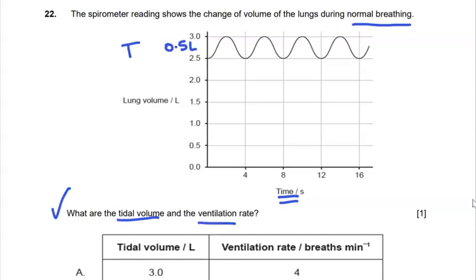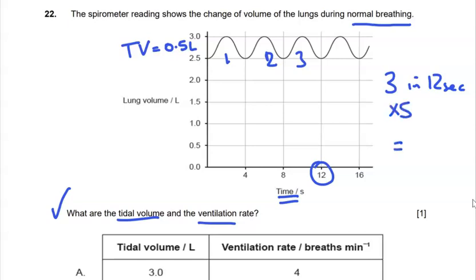Tidal volume we have already, but to get the ventilation rate, what we can do is count the number of breaths in per unit time. And so we have 1, 2 and 3 in 12 seconds. So if I have 3 in 12 seconds, but I'm interested in the minute, then what I need to do is multiply that by 5, and that will give me 15 breaths per minute.